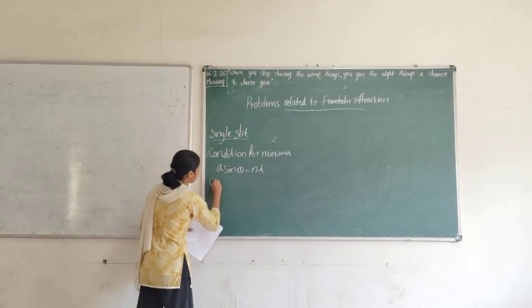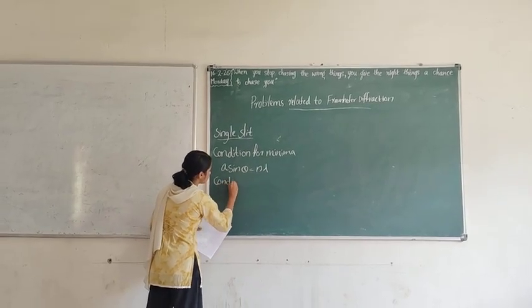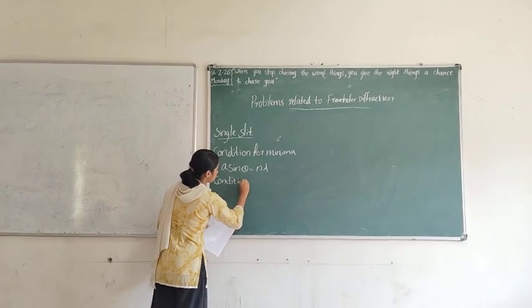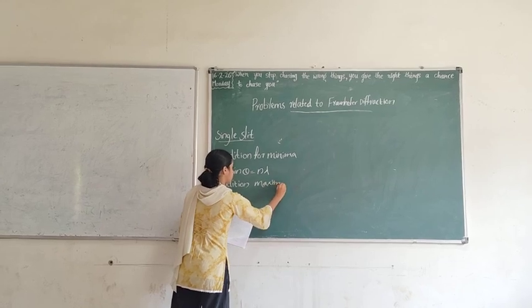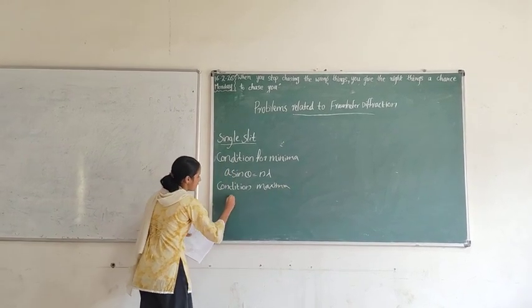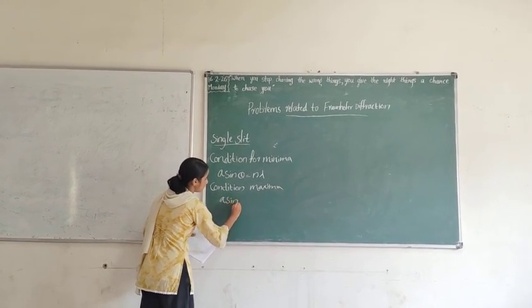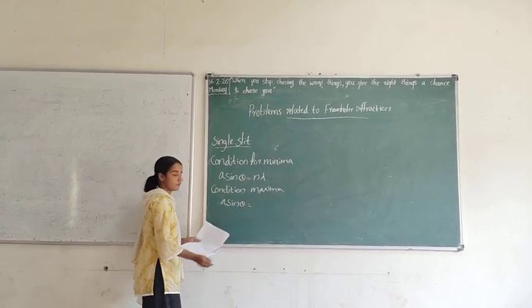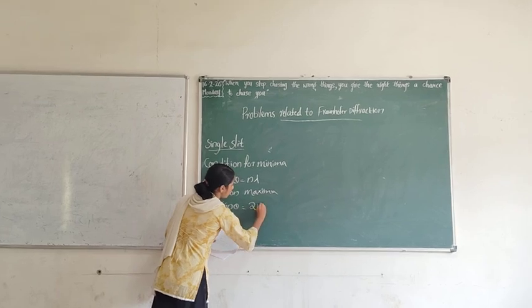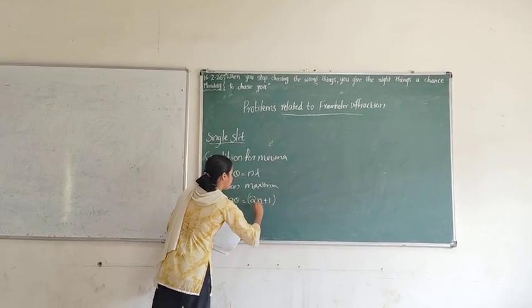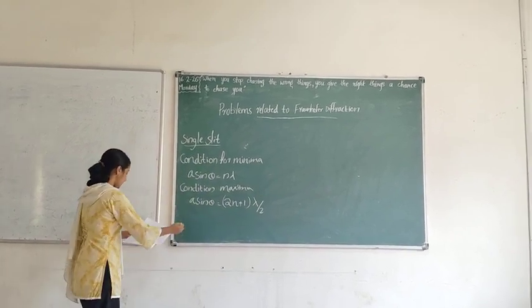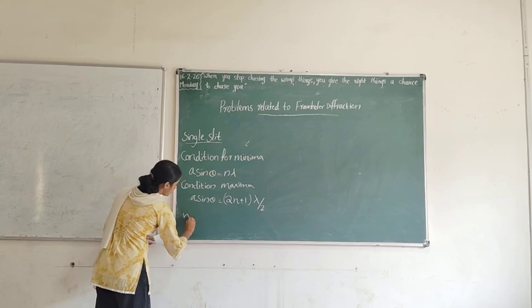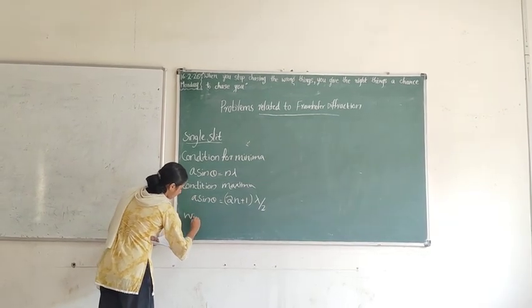Then the condition for maxima, A sin theta is equal to (2n plus 1) lambda by 2. Then the next equation is width of central maximum.